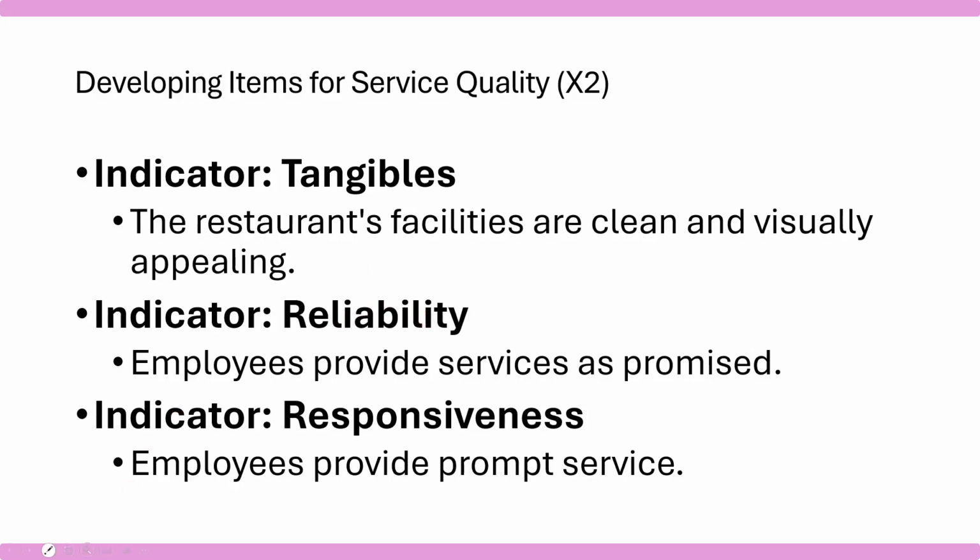Just like I told you before, this one is not a good example because they're using "and" or "or". In one statement or one question, they're giving you two options. A statement should consist of a single statement or single question, like "the restaurant facilities are clean" and "the restaurant facilities are visually appealing".